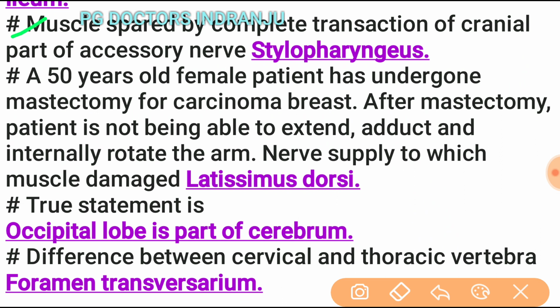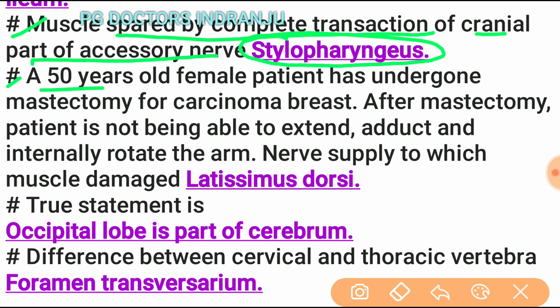Another topic is muscles spared by complete transection of the cranial part of the accessory nerve, which is the stylopharyngeus. Next, a 50-year-old female patient has undergone mastectomy for carcinoma of the breast.